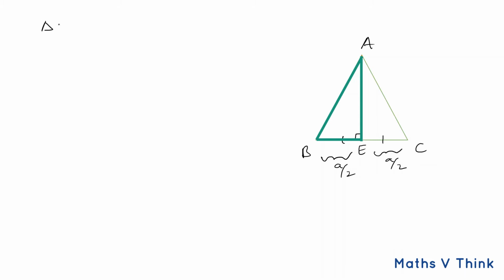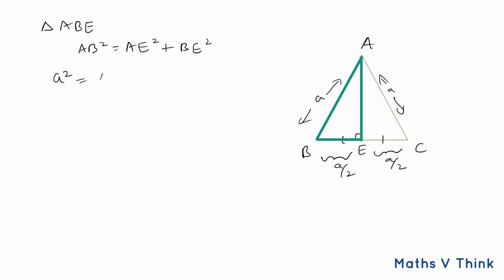Now taking triangle ABE, which is a right angle triangle. So by Pythagoras theorem, AB square is equal to AE square plus BE square, and we know the side of the equilateral triangle is A. So in place of AB, substituting A, so A square is equal to AE square plus A by 2 the whole square.